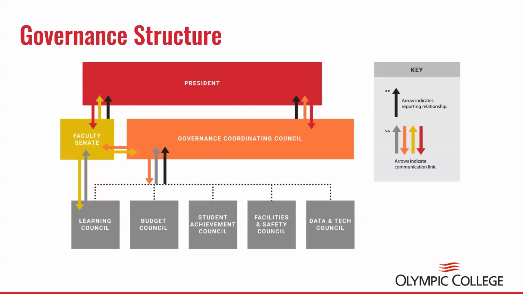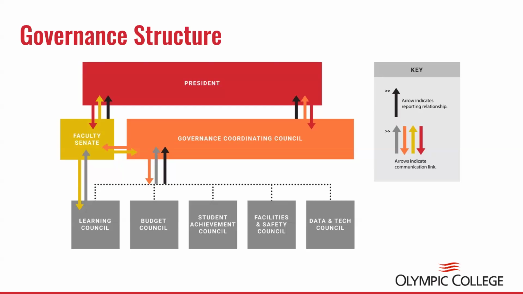Faculty Senate occupies a unique role, and they have a special relationship that's denoted here with the Learning Council. Faculty Senate actually has some extra representation on the Learning Council because Faculty Curriculum Council, the program review body, and also the assessment body all have representation on the Learning Council.